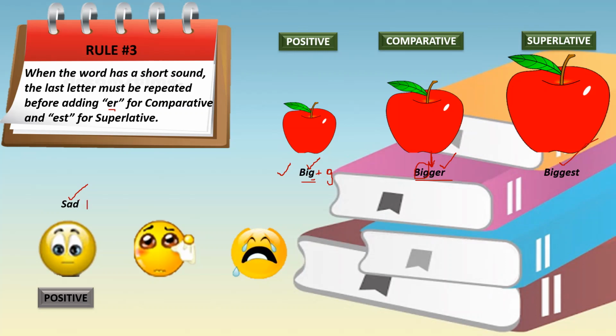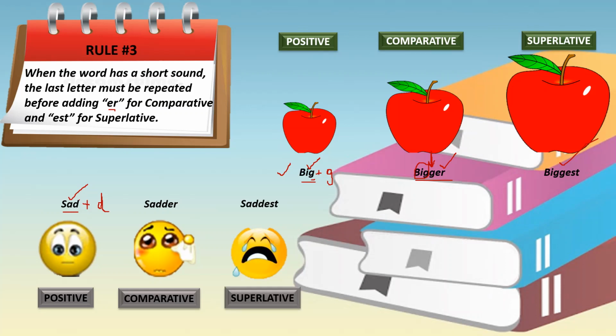So before converting the word sad to comparative or superlative degree, you need to add that extra D after the word sad. Then for comparative, you will add the suffix ER. So sad becomes sadder. And for superlative, you add the suffix EST. So here we have saddest.